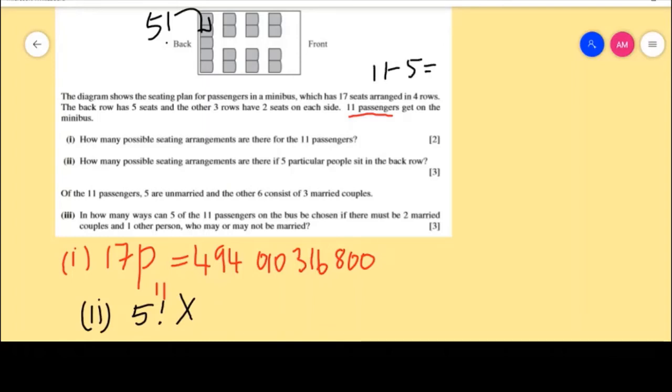So 11 minus 5, I've got 6. Now, out of the 17 seats, I'm going to go 17 minus, I've used the 5. So that's going to be 12. So this is 12 permute, how many passengers? 6. So 5 factorial is for the back seat. Then the remaining is 12 permute 6. If you do that on your calculator, again, you get a number which is big.